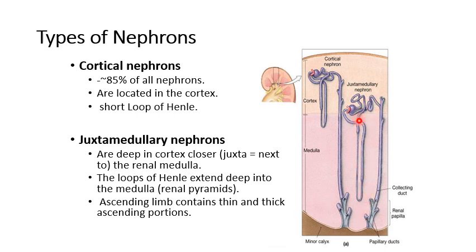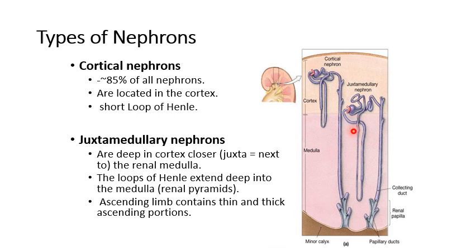These juxtamedullary nephrons are only about 15% of the total number of nephrons, and those are important in the urine concentration capability of the kidney.